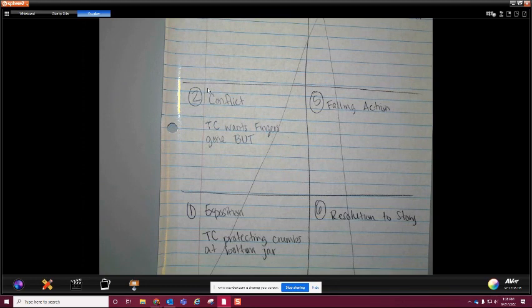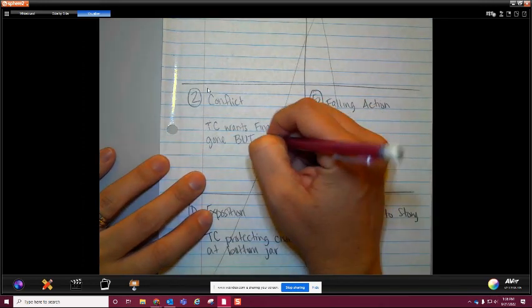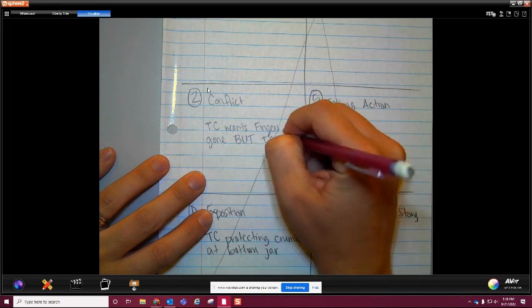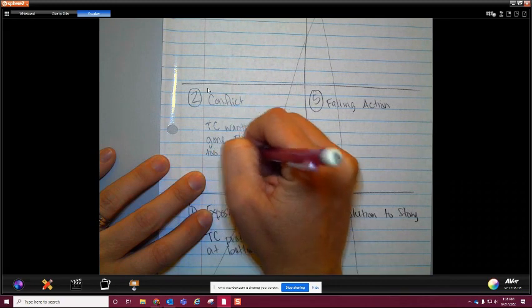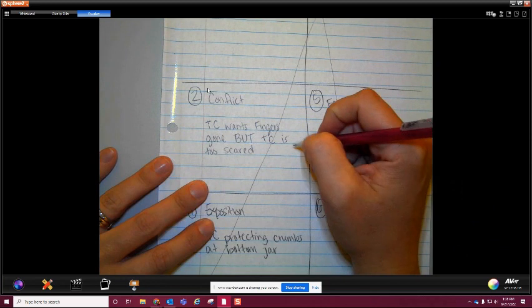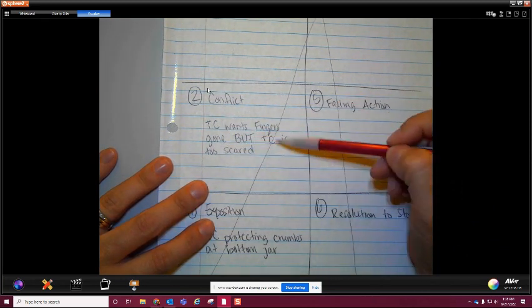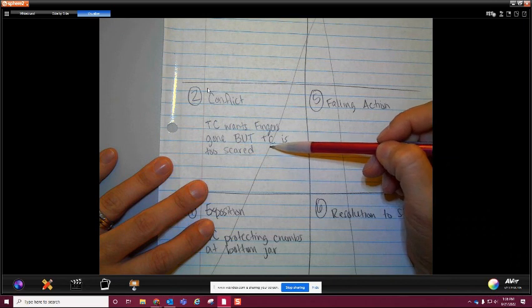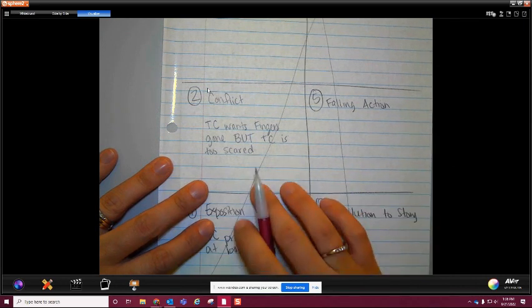So again, he's kind of fearful. So I look at this and say, Tough Cookie wants Fingers gone, but Tough Cookie is too scared. That would be the internal conflict. Okay. You could also do an external conflict. You could have said Tough Cookie wants Fingers gone, but Fingers wants cookies to eat. Something like that. Okay. So conflict.